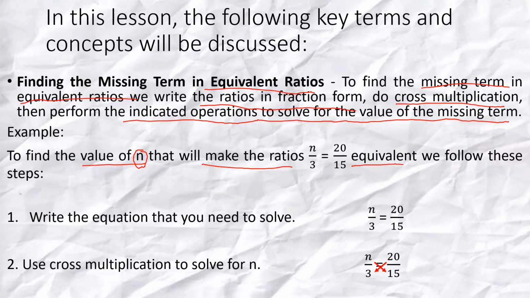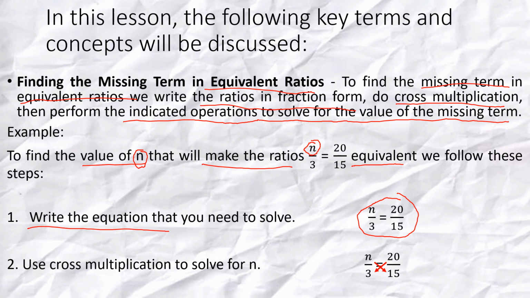So we follow these steps. What are we looking for here? We are looking for the value of the missing term, which is written as n. First step is write the equation that you need to solve. That is n over 3 equals 20 over 15. So this is our ratios in fraction form.